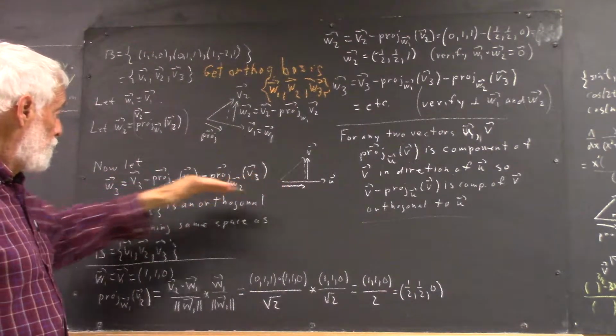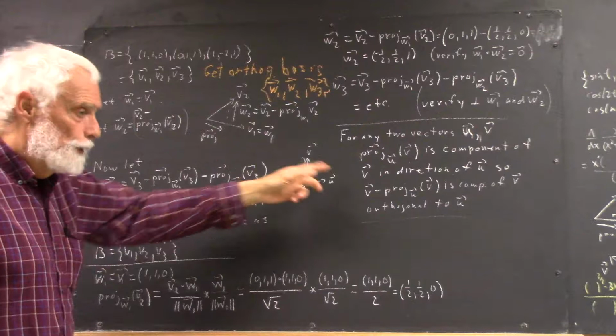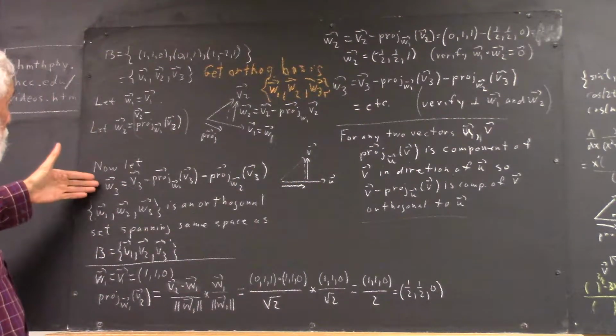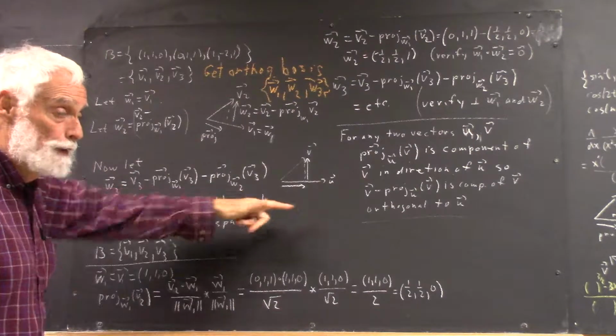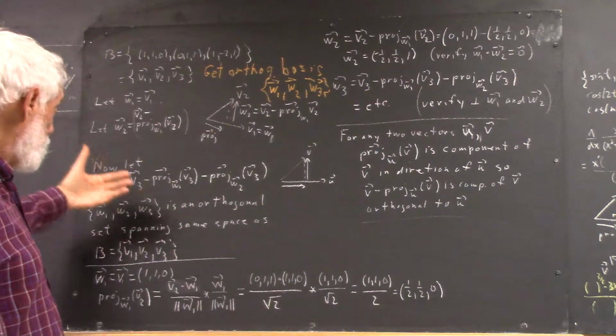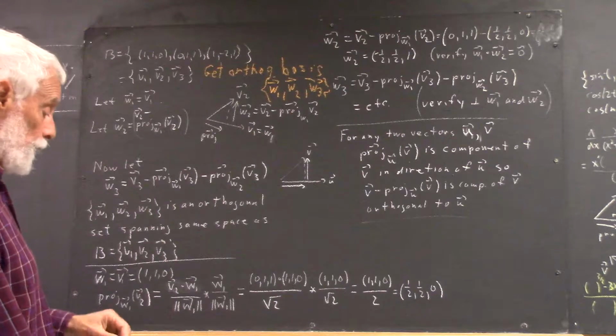The calculation would look just like this, but I'd have to subtract another projection. Every time I get another W vector, I take the next V vector and subtract all the projections on the W vectors, and I've got something perpendicular to all those vectors.